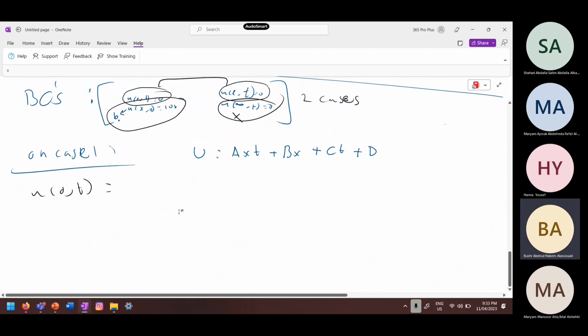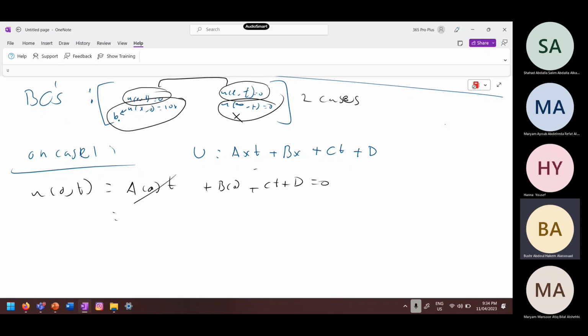So check it, please. So A times 0 t plus B of 0 plus C t plus D is equal to 0. This will be simplified since these are cancelled now.